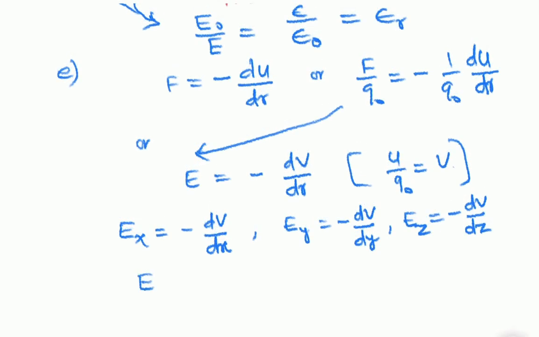Therefore, total electric field E is equal to Ex i plus Ey j plus Ez k.